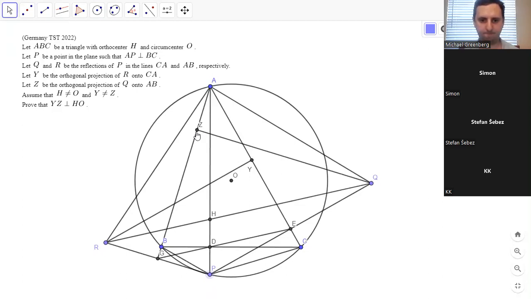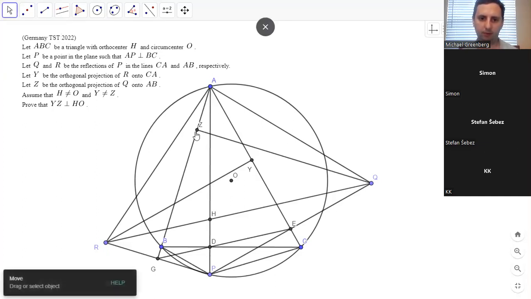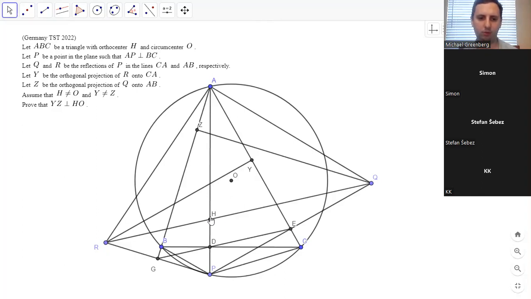So, how do we find ZH squared? Are there some right triangles we can use?